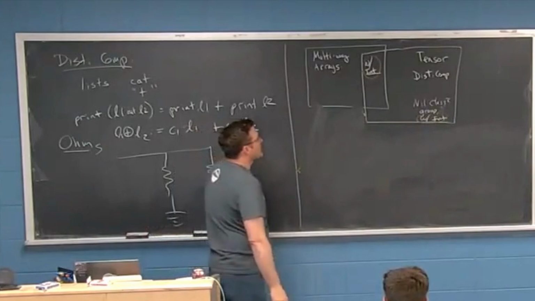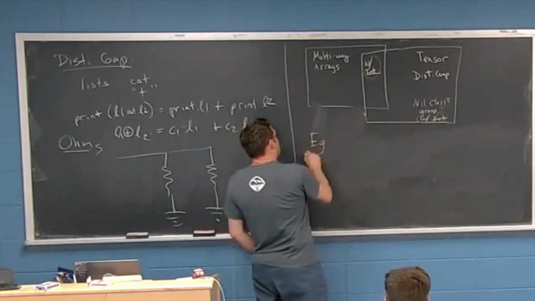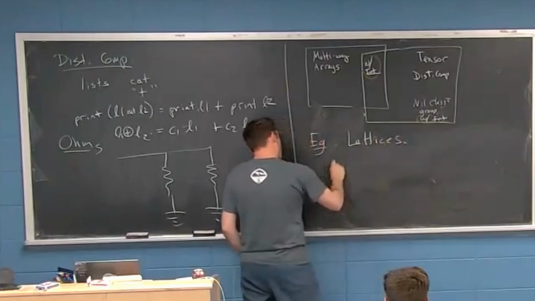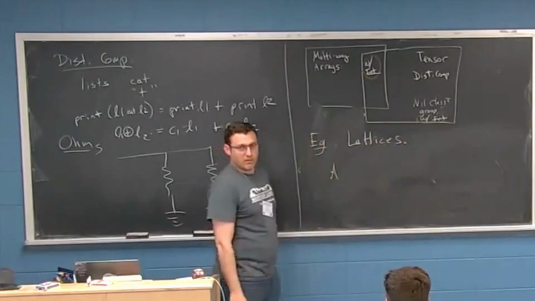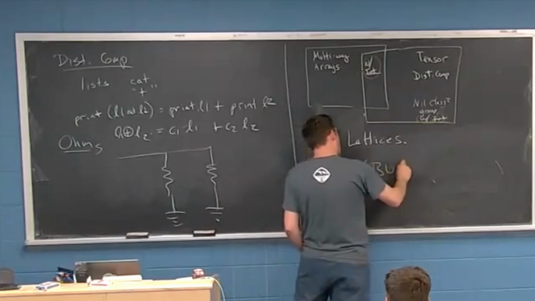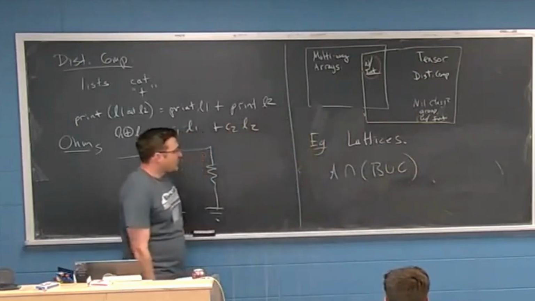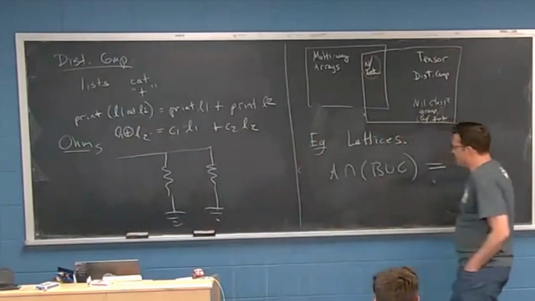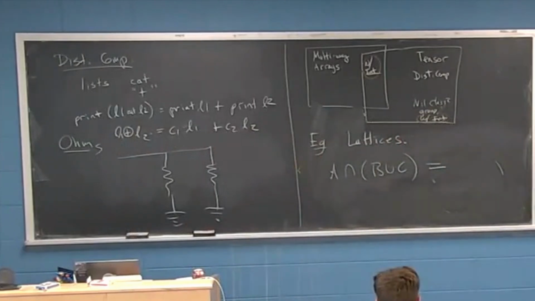Let me give another example here. So, examples from lattices. Well, I'll just do one from set theory, okay? But this is a general property that behaves in many situations. What happens when I intersect A with B union C? Maybe we should draw a picture.